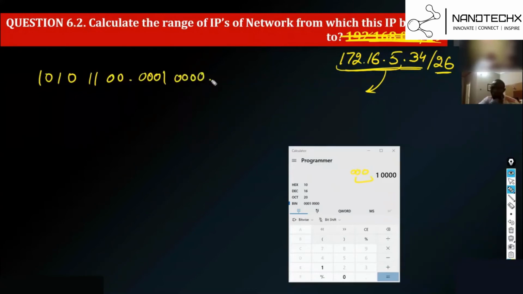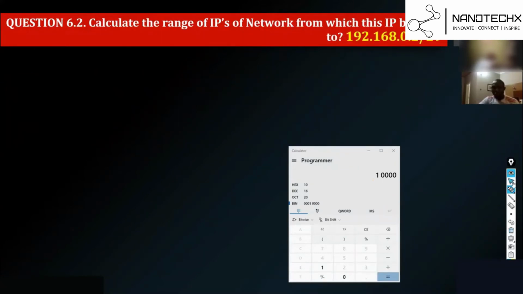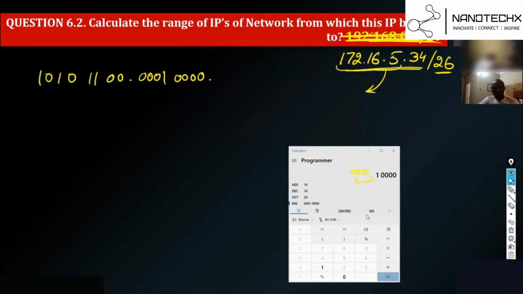Dot 5 is how much? Let's convert 5 as well. Go to decimal. 5 in binary is 0 0 0 0 0 1 0 1, right? And then this 34, can somebody convert as well? Thank you. I can see very many people are converting.